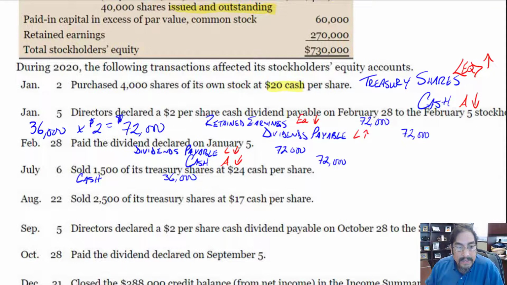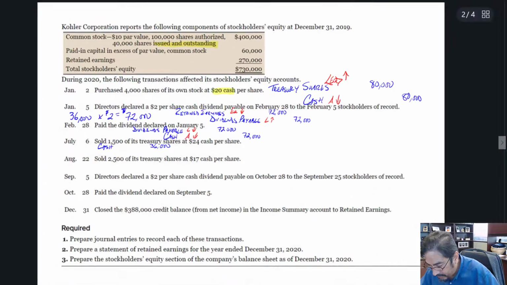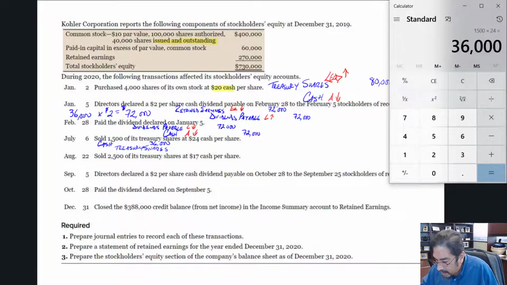Now we need to pull the treasury stock out of the treasury stock account. Up top I called it treasury shares. There we go. This is 1,500 shares, and we bought them at $20 each.